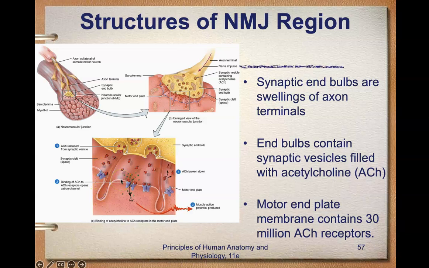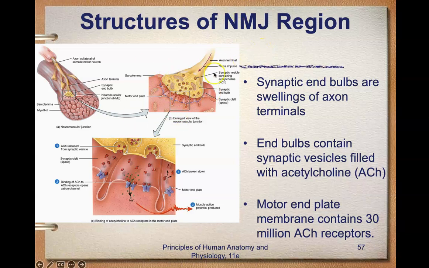Okay, so this here is the motor end plate. Now, synaptic end bulbs are these swellings of the axon terminals, and the reason they are bulbous shaped is that they have a bunch of vesicles inside of them that we call presynaptic vesicles.